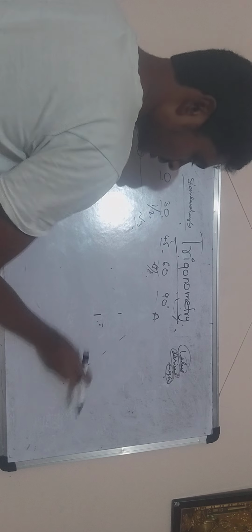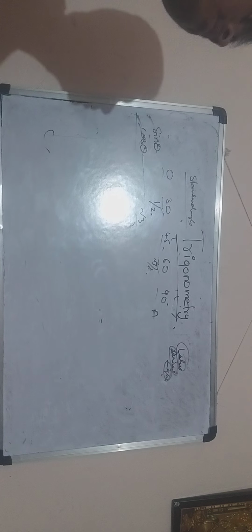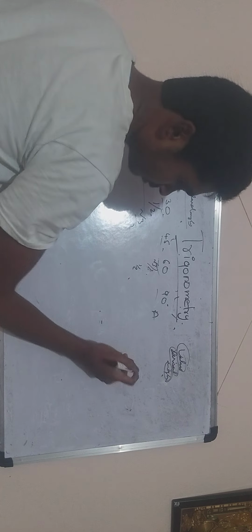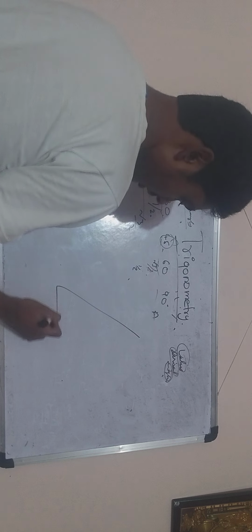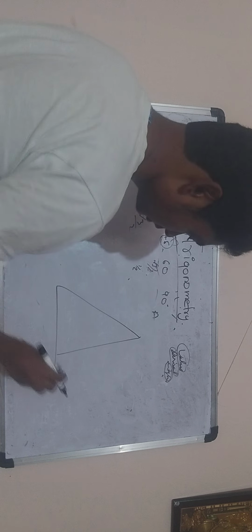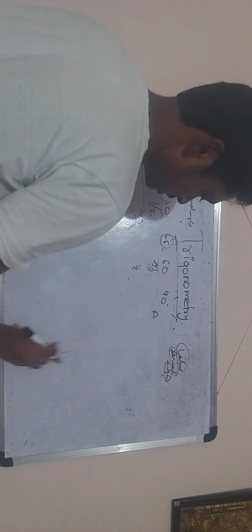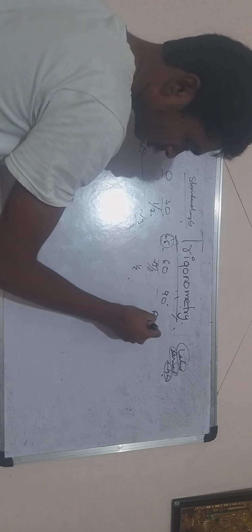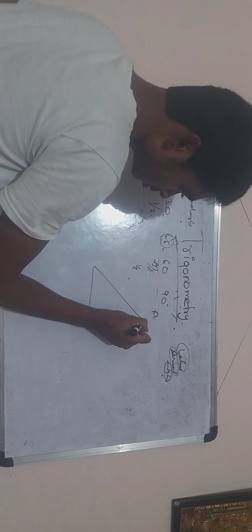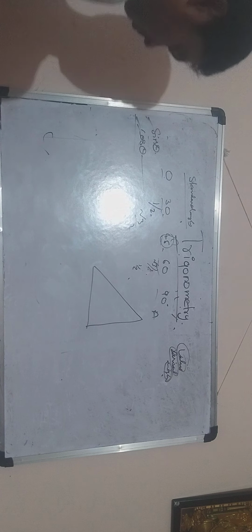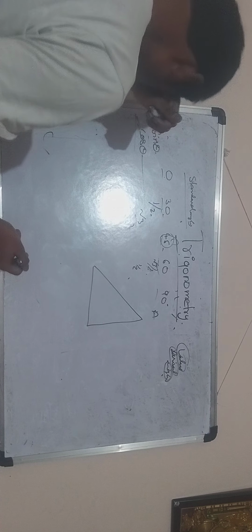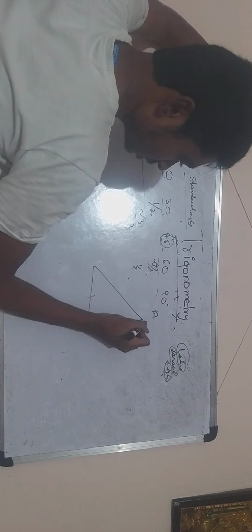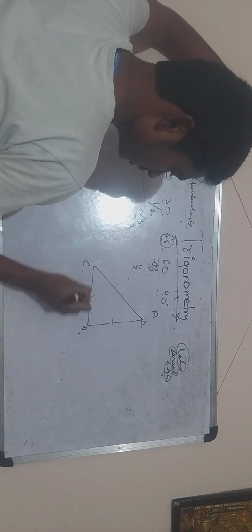After 30 and 60, let us derive for 45. For 45 degrees, we need a right angle isosceles triangle. For a right angle isosceles triangle, the two sides would be equal, A, B, C, and this is 90.